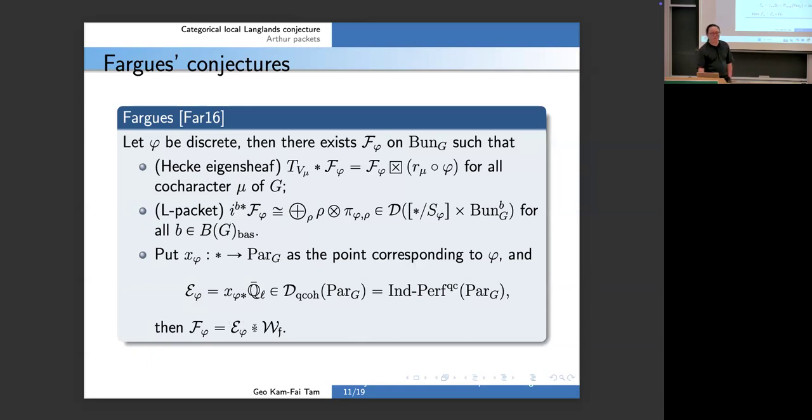So this is the Fargues conjecture. From this construction, I will state a method to give a conjectural construction of other sheaves, other packets.